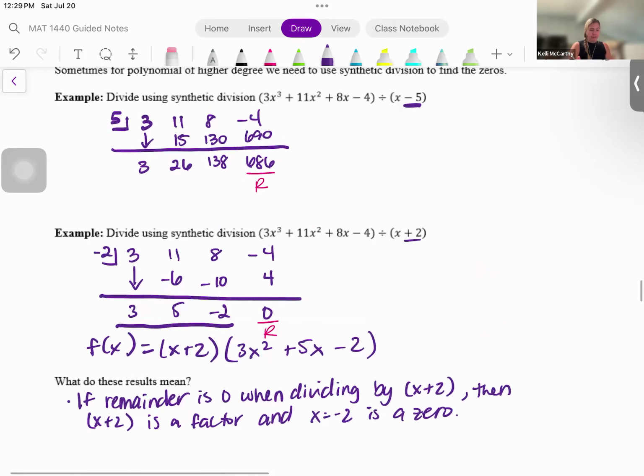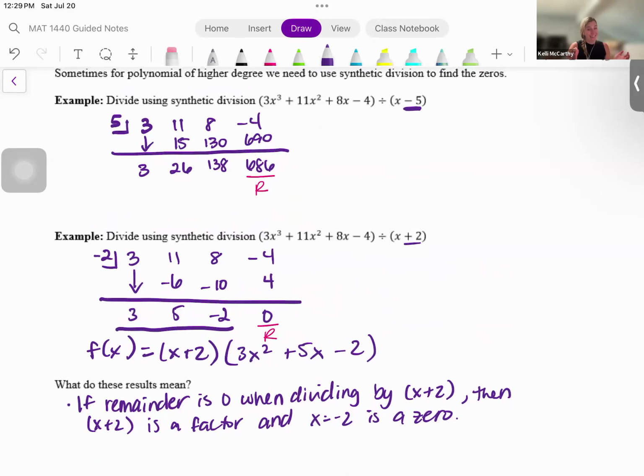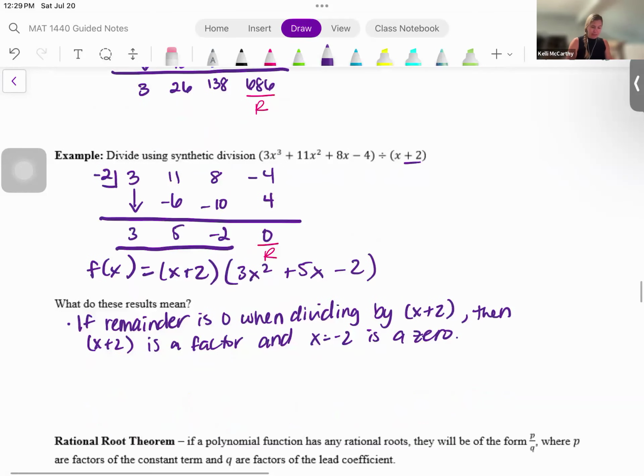Thinking about that first example where our remainder was not 0, obviously that tells me that x minus 5 is not a factor of that polynomial, but it does tell us something very interesting.